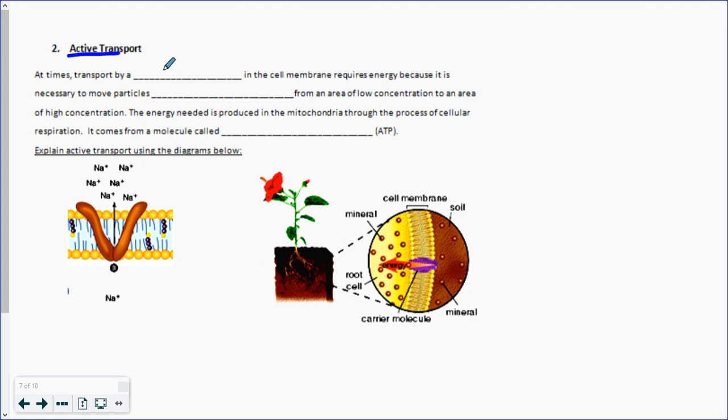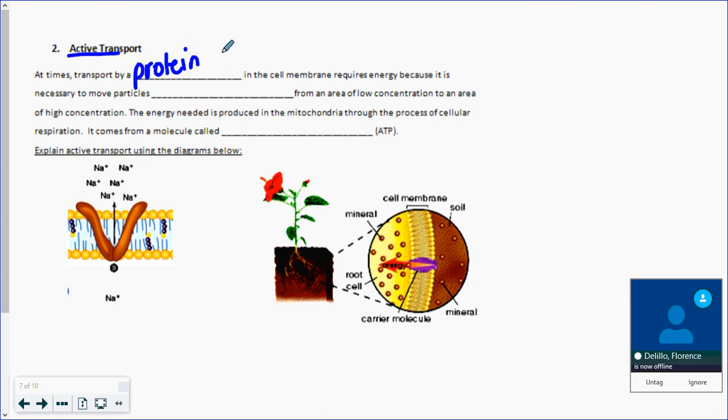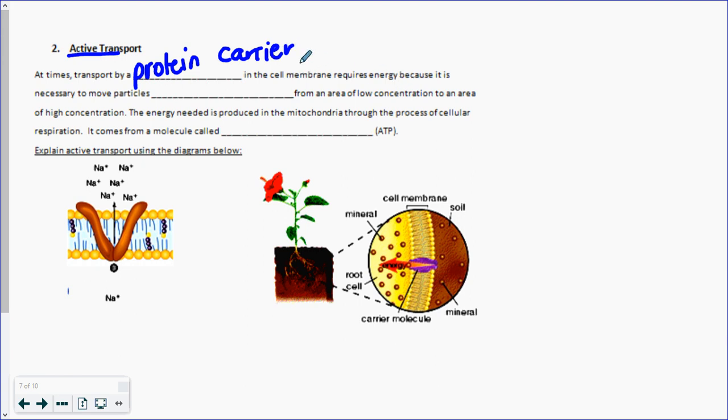So at times, transport by a protein carrier in the cell membrane requires energy because it's necessary to move particles against the concentration gradient.